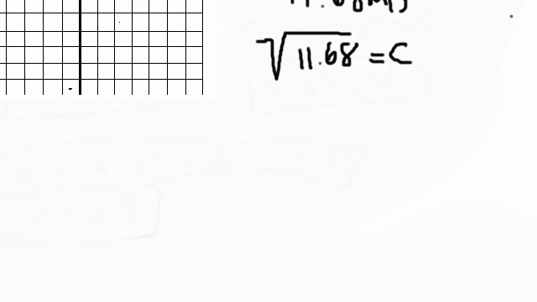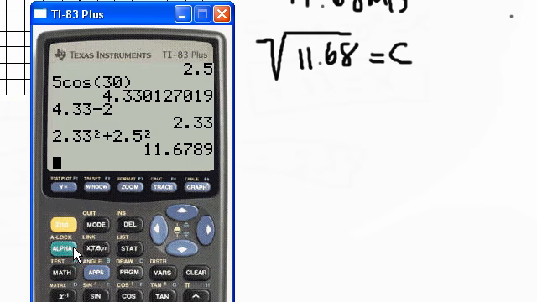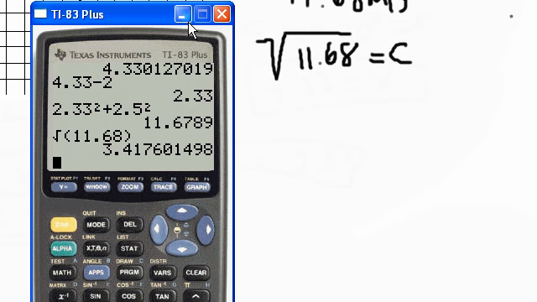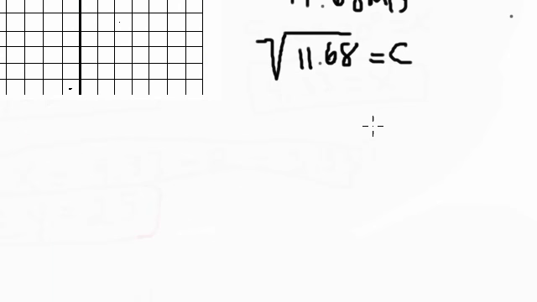Alright, so let's do the square root. The square root of 11.68 is, let's round to 3.42. So 3.42 meters per second is equal to c.